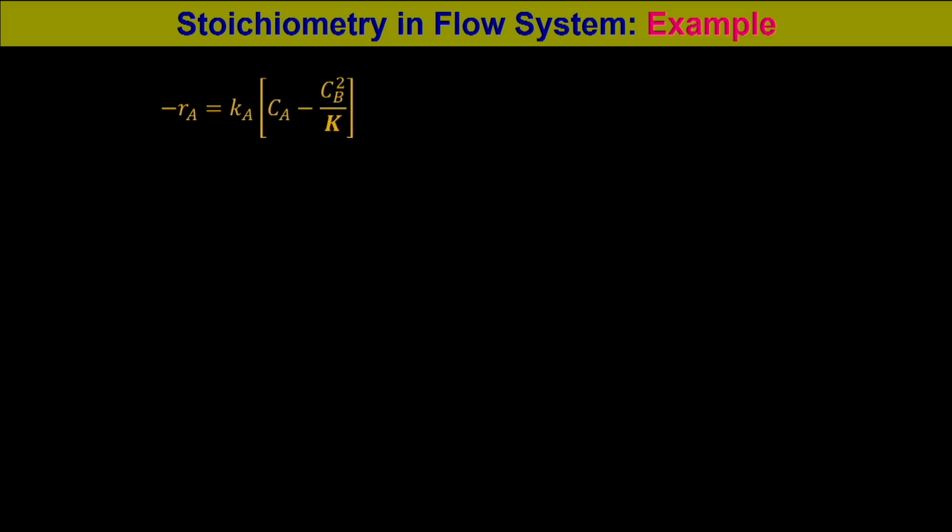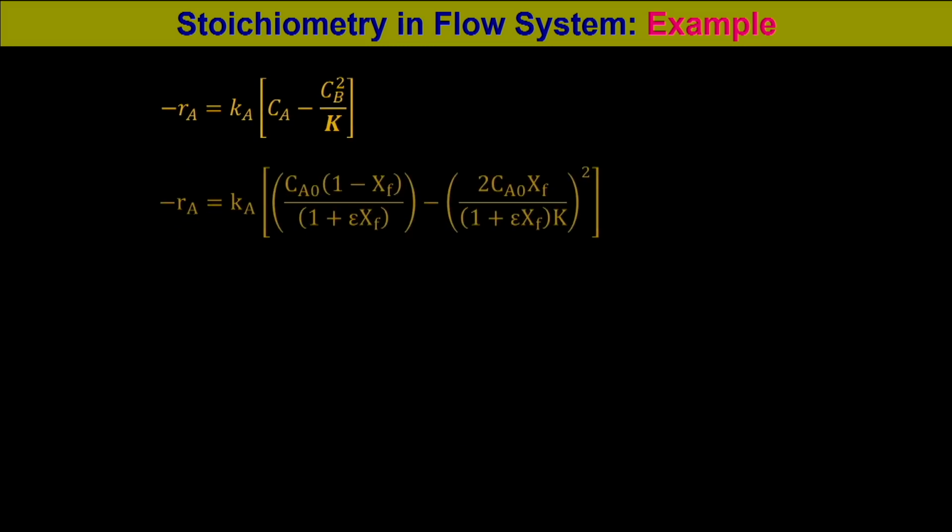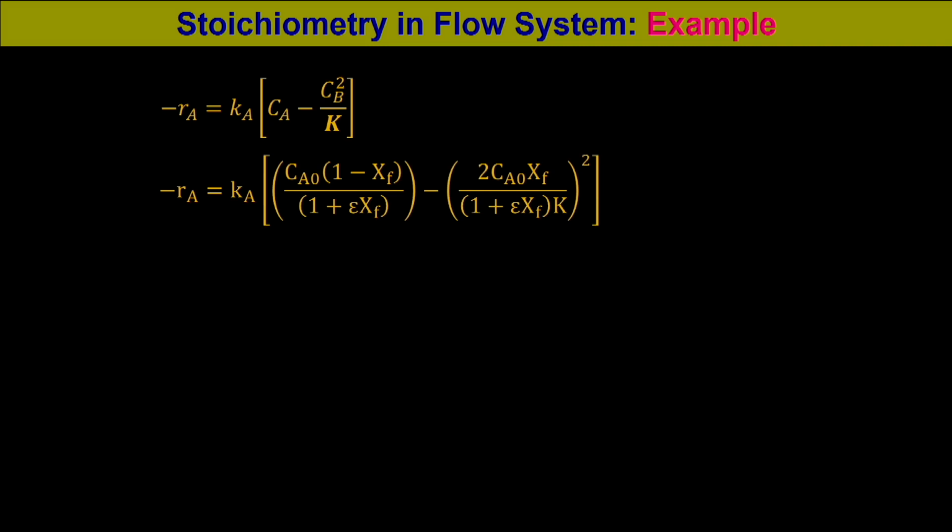Now, this is the rate expression, and if we substitute the Ca and Cb which we have developed earlier, we can write Ra would be equal to Ca naught into (1 minus Xef). Here Xef represents the conversion in flow systems.